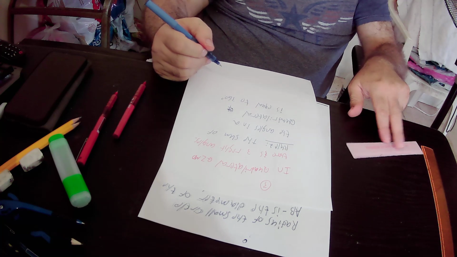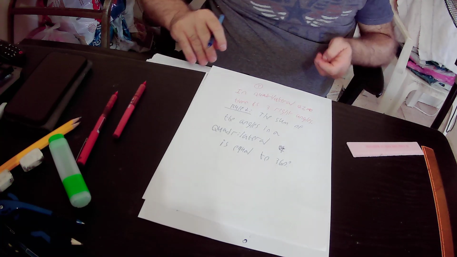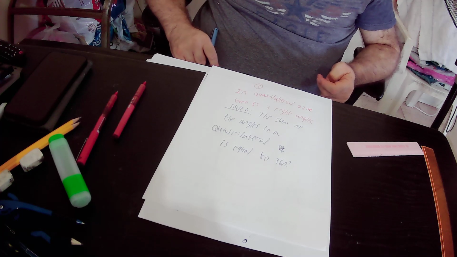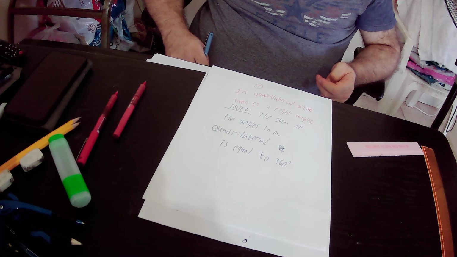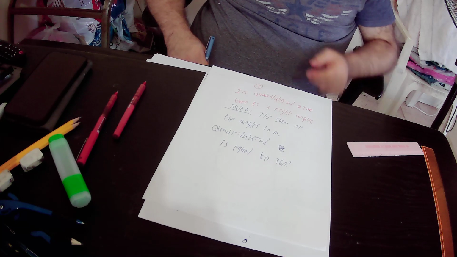Okay, I read rule number 2 again. According to rule number 2, the sum of the angles in a quadrilateral is equal to 360 degrees.